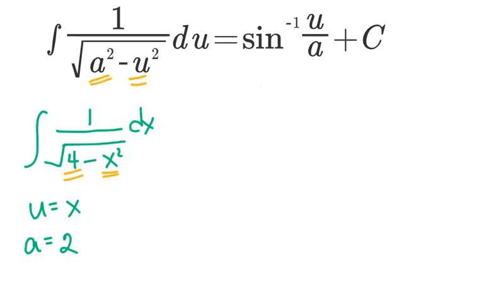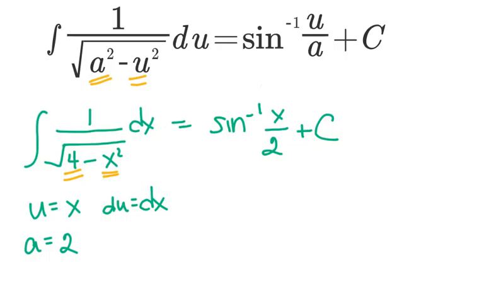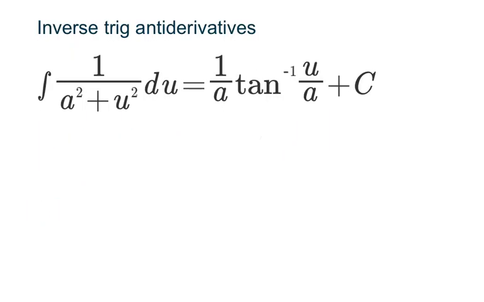No, a squared goes in front, so a is equal to 2. And very nicely, du would be equal to dx, like we don't have to worry about coefficients, which means this integral will be the inverse sine of x over 2 plus c. That's it. That's how you use these formulas.